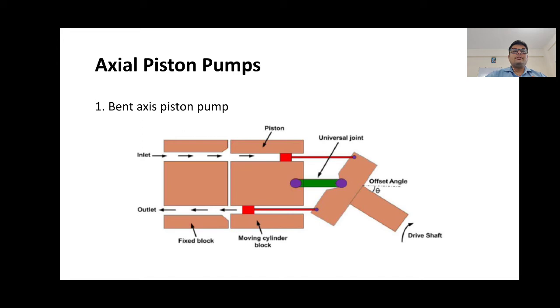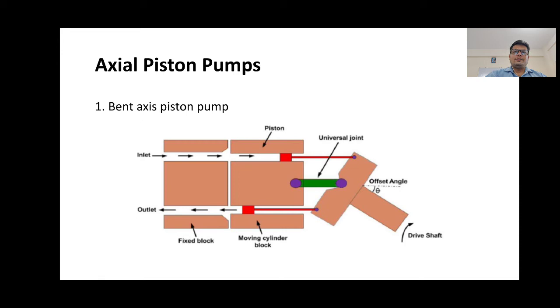These pumps have a number of pistons, and generally they are considered in odd numbers in a circular array within a housing, which is commonly referred to as the cylinder block, or the cylinder block is also known as the rotor, and the second word is the barrel.